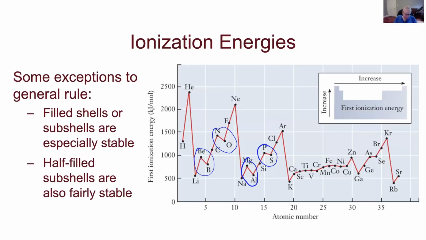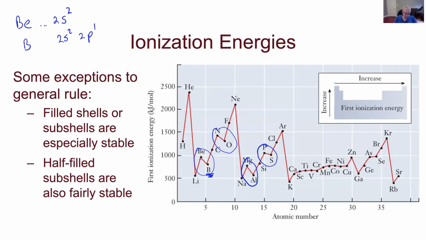Beryllium to boron, beryllium's electron configuration ends in 2s2, right? So when I get to boron, then I have 2s2, 2p1. And so when I'm at 2s2, I've got a filled s subshell. The single electron in the p says the ionization energy goes down a little bit.